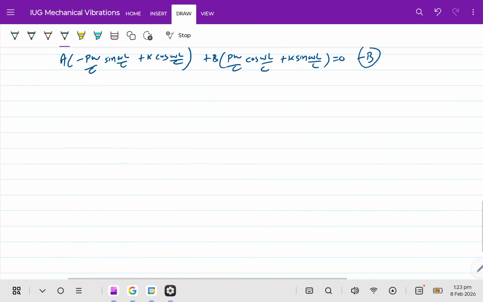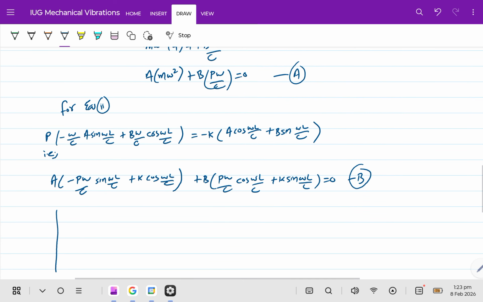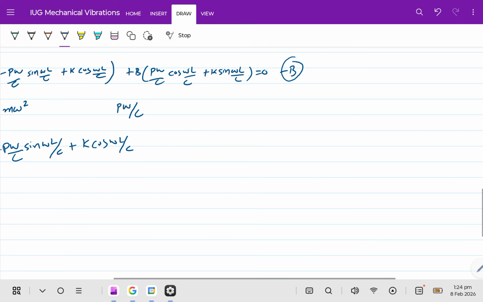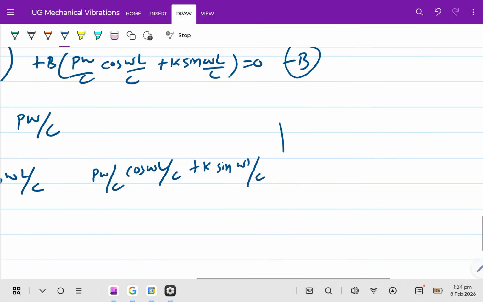So if you write A's and B's together for equation A and B, it will become M omega square into P omega by C, and then minus P omega by C sine omega L by C plus K cosine omega L over C, and this would be P omega over C cosine omega L over C plus K sine omega L over C. This whole equal to 0.